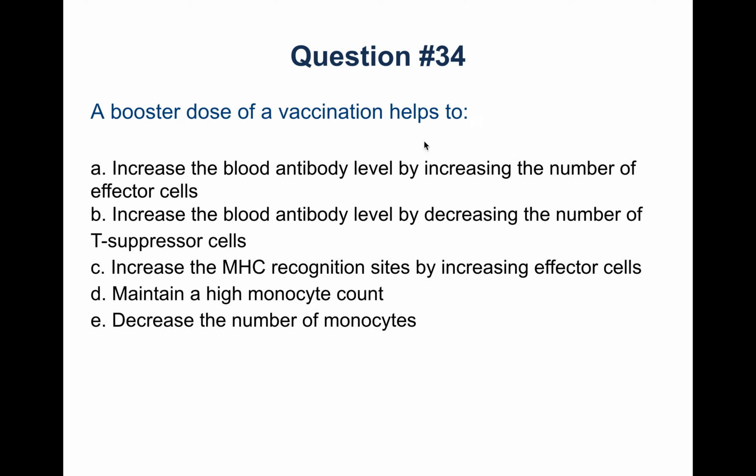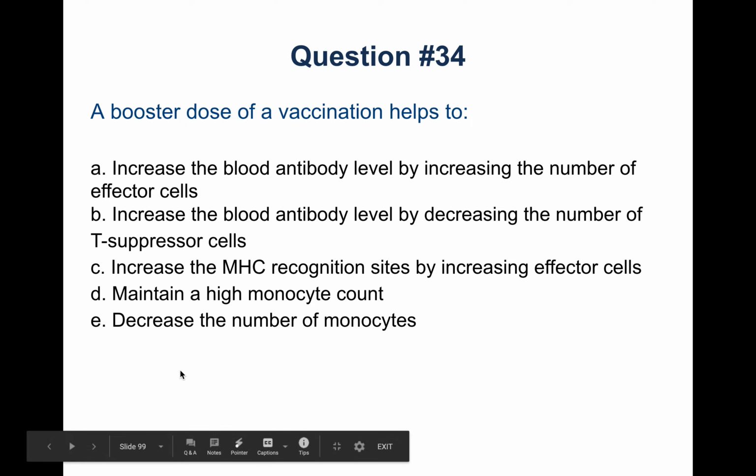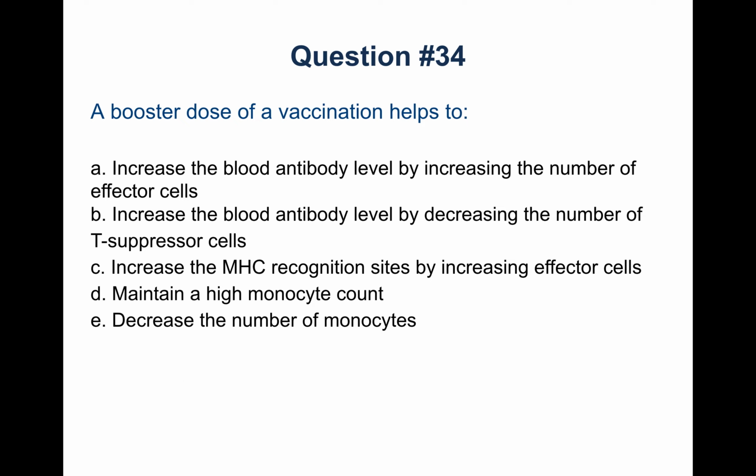All right, a booster dose of a vaccine helps to. Whenever you're getting vaccinated, they are looking for antibody levels. They're looking for higher antibody levels, showing that your body is responding to the vaccine, whatever was in it, and mounting an adaptive immune response. So you can take it down to A or B, because it's not doing anything with the MHC recognition sites, and I'll talk about what those are.